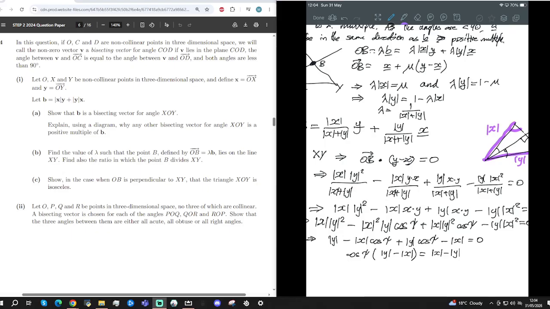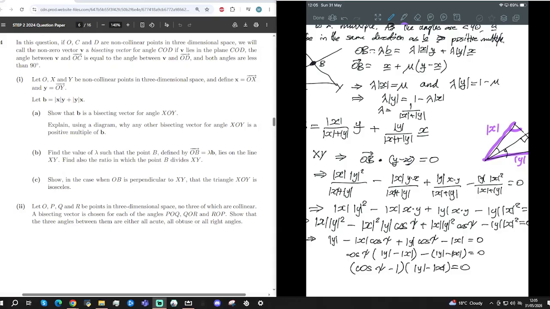Now, did I want that actually on the other side? I feel like I do. I feel like I'm seeing a silly factorization here. So I can then say this is minus mod y minus mod x. And I've got this factorization, cos phi minus 1, mod y minus mod x.